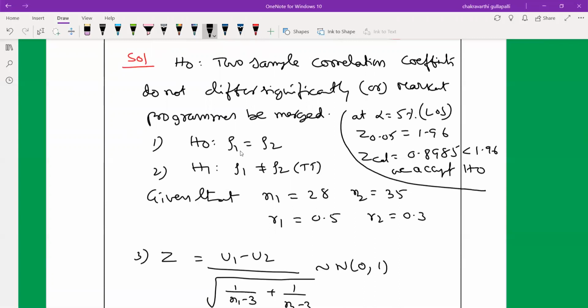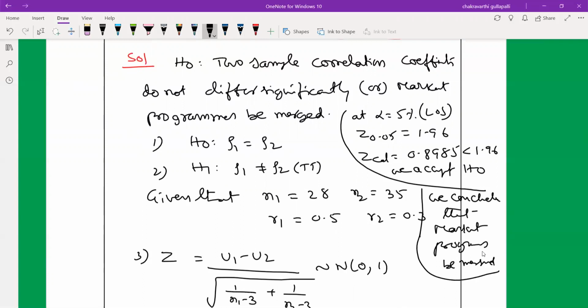That is, there is no significant difference between the two population correlation coefficients, and based on this, the marketing programs can be merged. We conclude that the marketing programs can be merged.